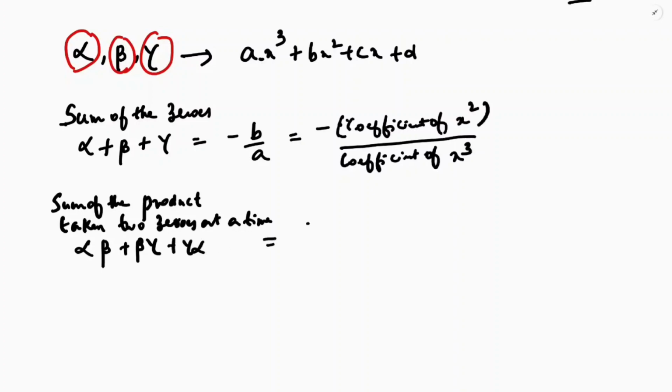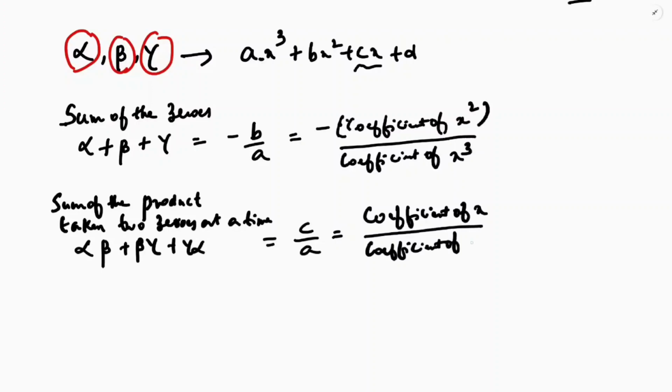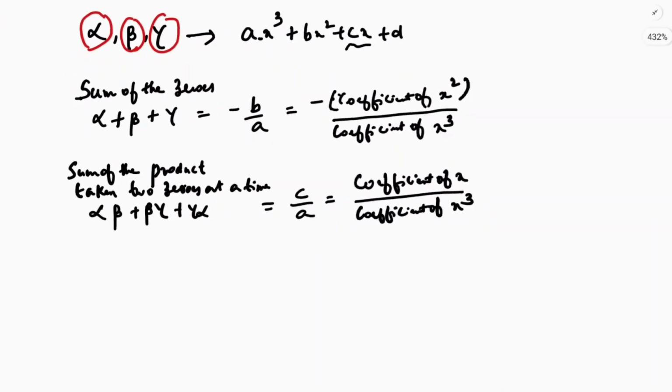So this is c by a. If you see here, c is the coefficient of x, by coefficient of x cube, which is a.